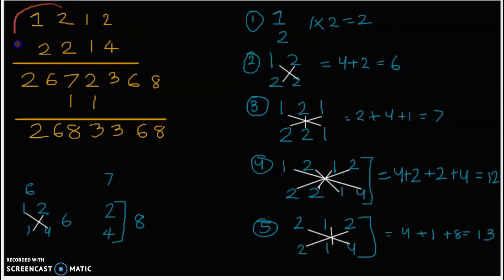Then we will take these two pairs, 1 2 and 2 2, and then cross multiply as shown here. So 2 times 2 is 4, and 2 times 1 is 2, and then add them, that gives us 6. So write 6 here, second step.